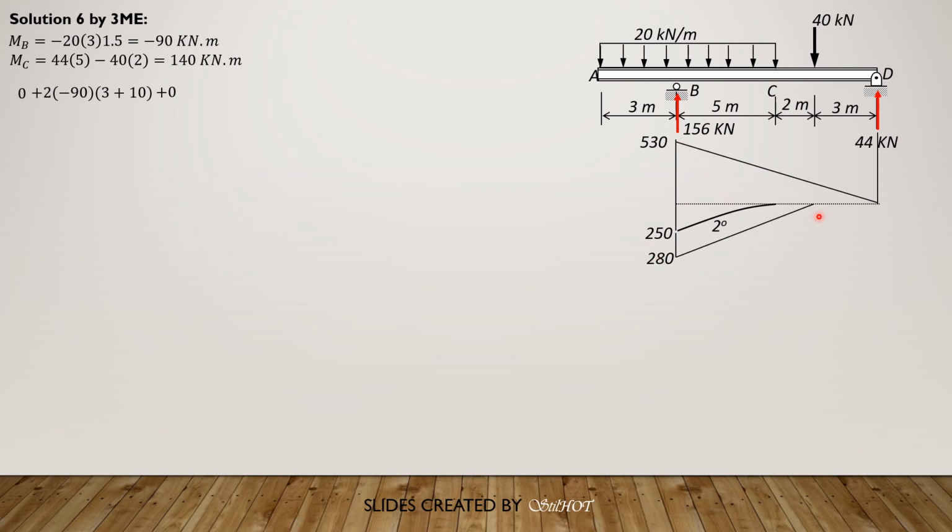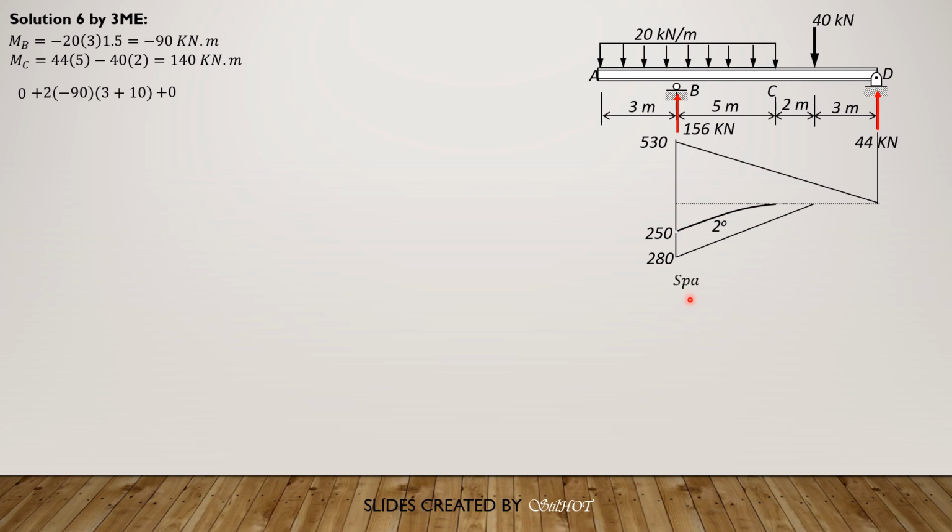Remember that this is three-moment equation. And in three-moment equation, the span is considered simply supported, and therefore the moment of the loads should also be the moment of the reaction at the same support, because the end of a simply supported beam has zero moment.